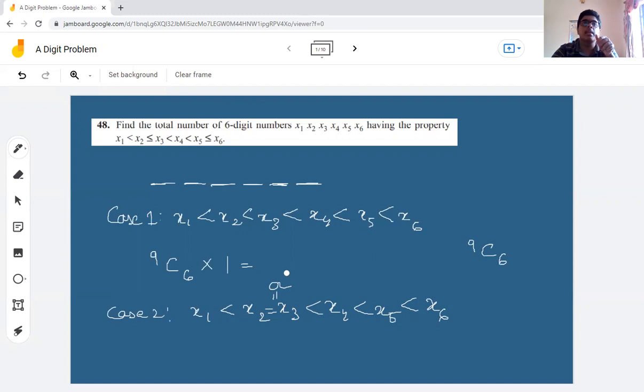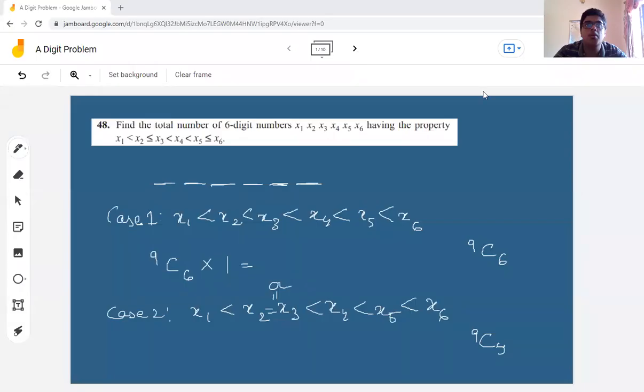So we need to choose 5 numbers from the other 9 digits, which can be done in 9 choose 5 ways. So this is the second case.